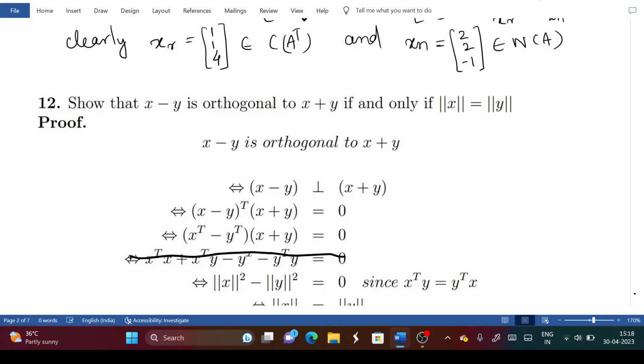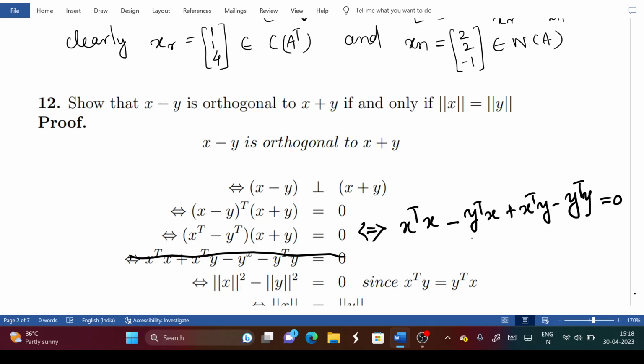So this is equivalent to, let me write down again, x transpose x minus y transpose x plus x transpose y minus y transpose y is equal to 0.